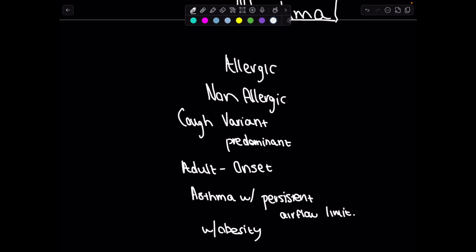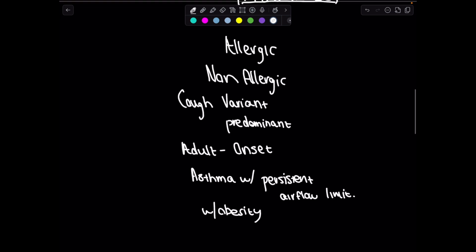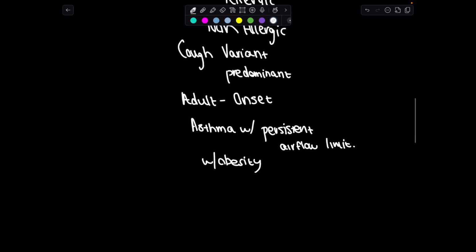Cough variant asthma and cough predominant asthma are specific asthma phenotypes where coughing is the main or most prominent symptom rather than wheezing or shortness of breath. Cough variant asthma is a type where chronic cough is the only symptom, with no wheezing or breathlessness during episodes.